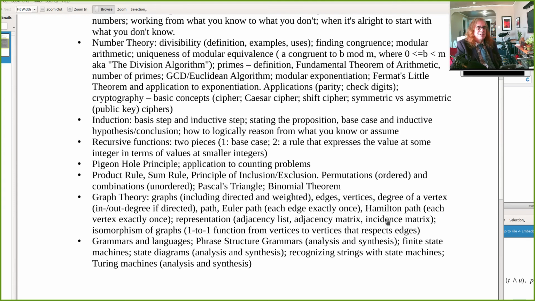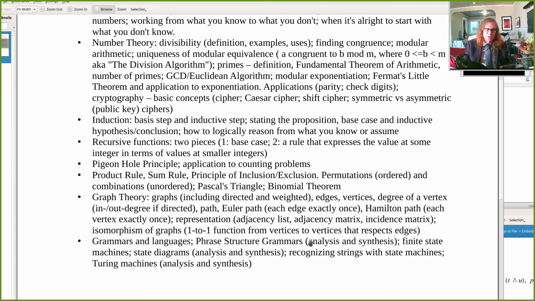All right, what else on graphs? Isomorphisms of graphs. So what is an isomorphism between two graphs? It's a one-to-one mapping from the vertices of one graph to the vertices of another that respects this idea of edges.